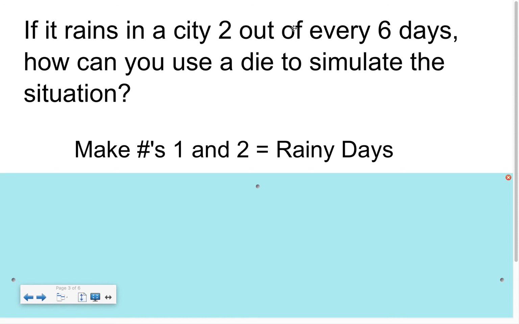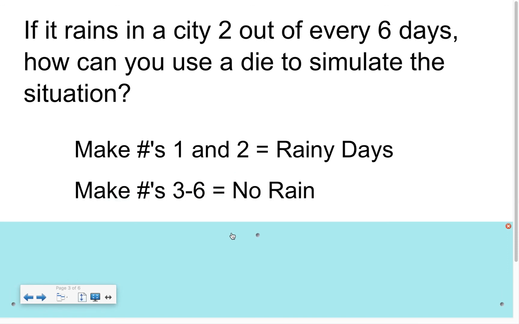Since 2 out of every 6 days are rainy, make 2 numbers from the 6 sides of the die rainy days. Did I have to use 1 and 2? No, I could have used 3 and 5, 6 and 3, whatever, right? Any 2 numbers, you want to assign that to rainy days. Make the numbers 3 through 6 no rain. Okay, since 4 out of the 6 days are going to be no rain, 4 of the numbers on the die should also be no rain.